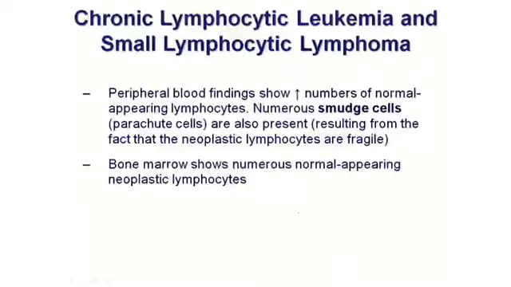The neoplastic cells are fragile and they smudge. So smudge cells don't flow around your body with CLL; you actually see them when you do the peripheral smear. Sometimes you see the term parachute cell in relationship to the smudge cell. And of course, your bone marrow biopsy will also show numerous normal appearing neoplastic lymphocytes.